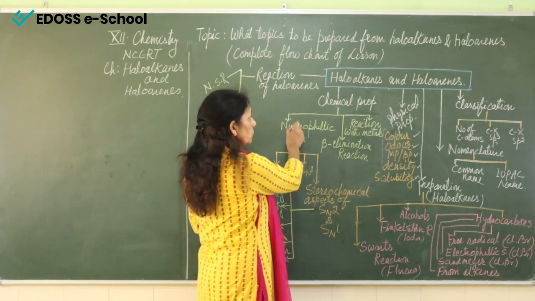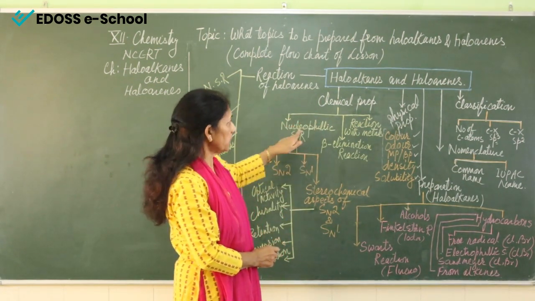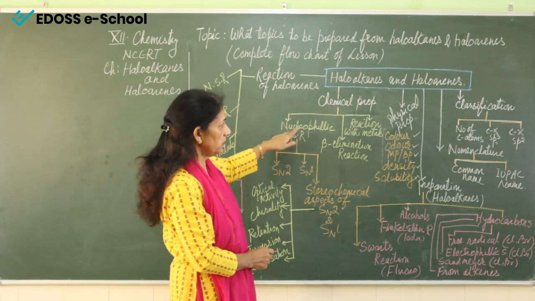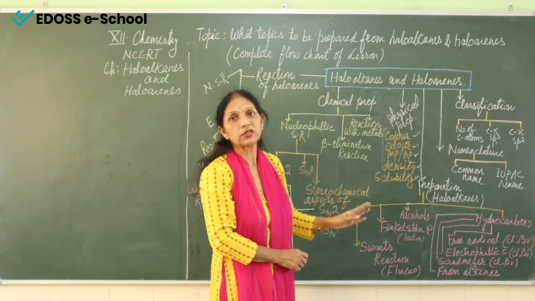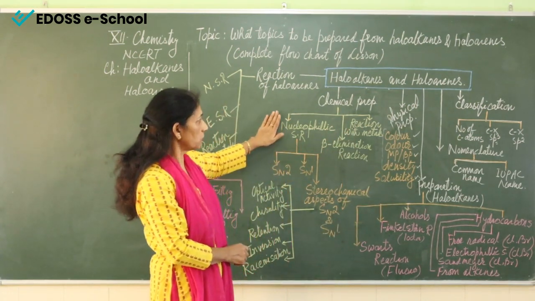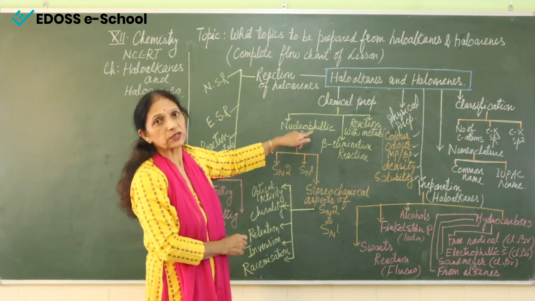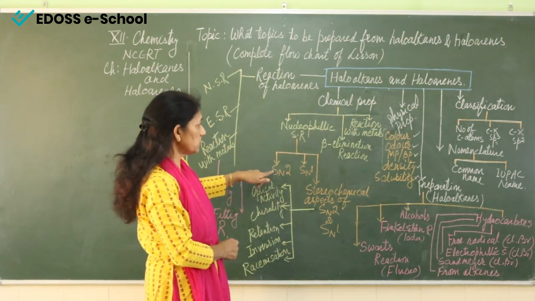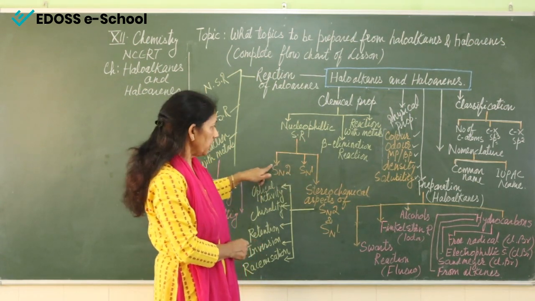First is nucleophilic substitution reaction. Second is beta elimination reaction, and third is reaction with metals. For this nucleophilic substitution reaction, again 2 types are there. One is SN2 and another is SN1.